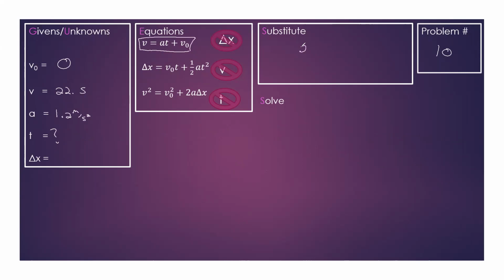So v equals a times t plus v naught. So 22.5 equals 1.2 t. Divide both sides by 1.2, and 22.5 divided by 1.2 is 18.75 seconds, which is equal to time.